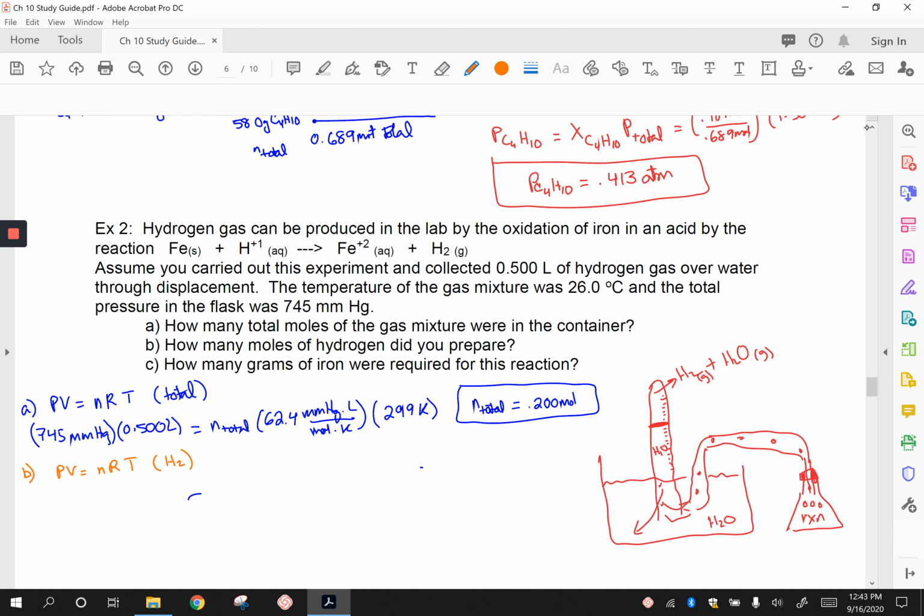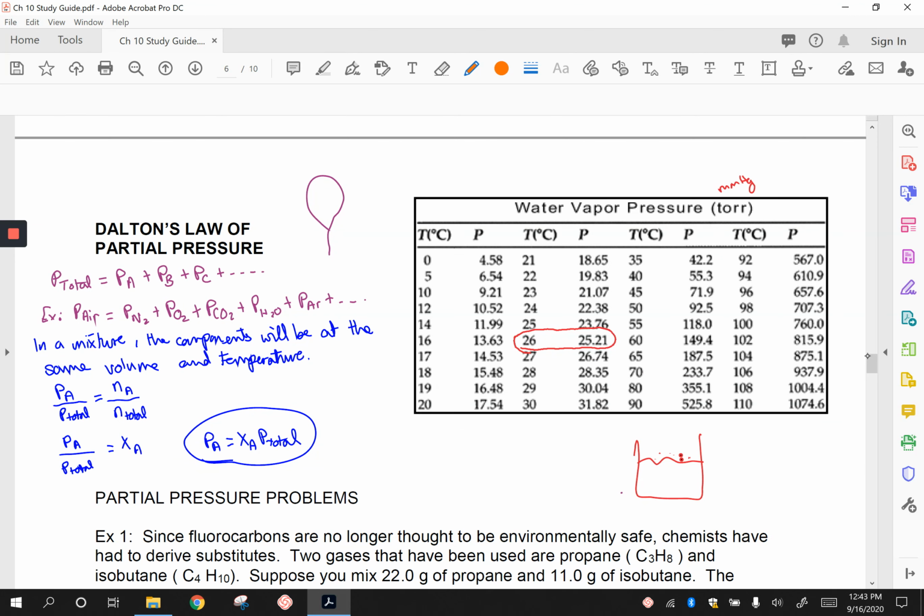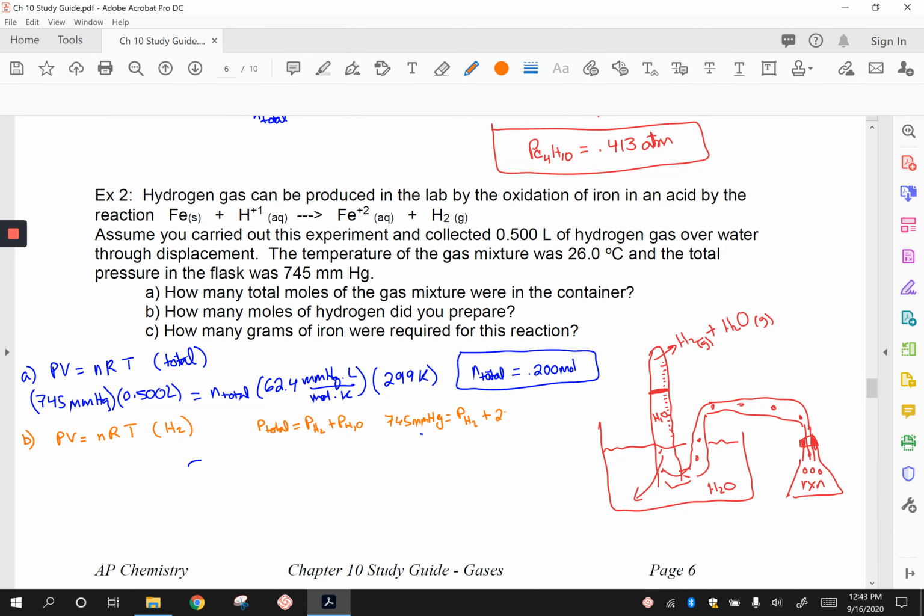I know that P total is equal to the partial pressure of the hydrogen plus the partial pressure of the water vapor. I know that the P total is 745 millimeters of mercury, and I'm looking for the partial pressure of the hydrogen. The partial pressure of the water at 26 Celsius is equal to 25.21 torr or millimeters of mercury. This number would have to be given to you on the test if you are collecting a gas over water. So 25.21 is the partial pressure of the water.